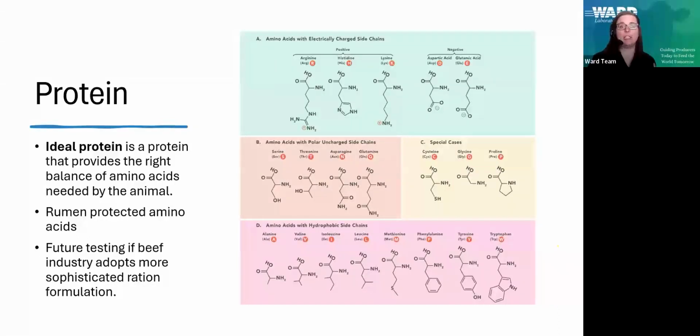But this is where the ideal protein idea came from, is that animals require amino acids. They don't necessarily require protein specifically. And so yes, the ruminally protected amino acids that I've already touched on, and in the swine industry and in the dairy industry, they're starting to implement more precision when it comes to navigating the protein in their diets, right?